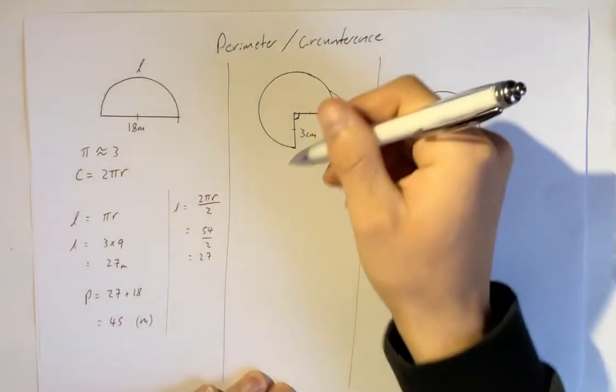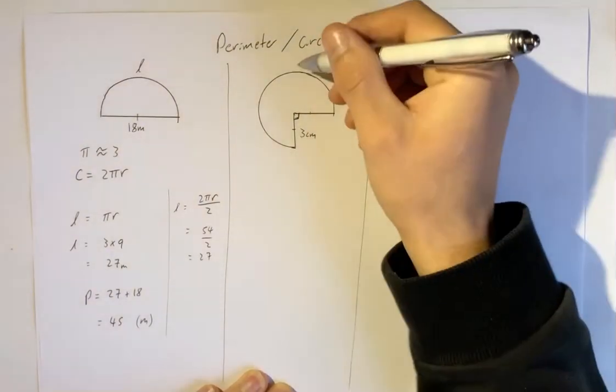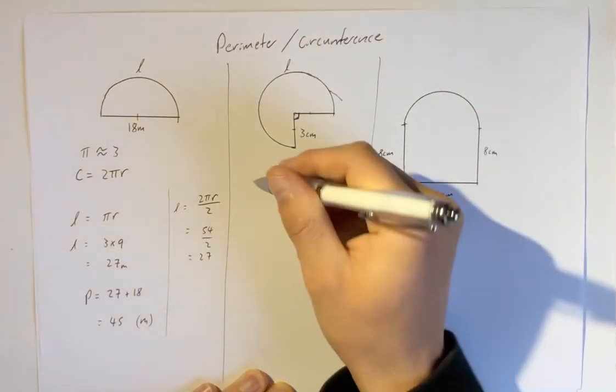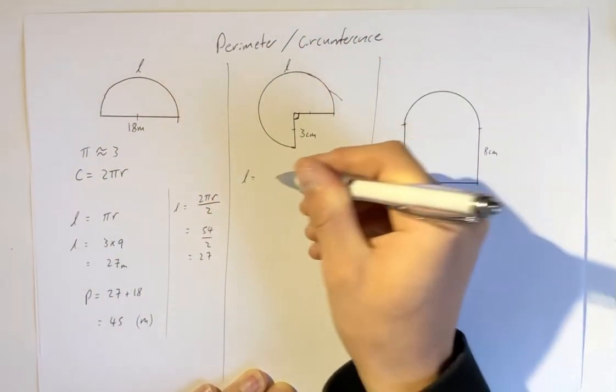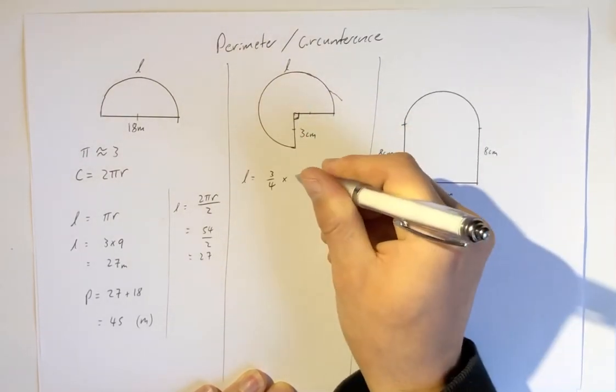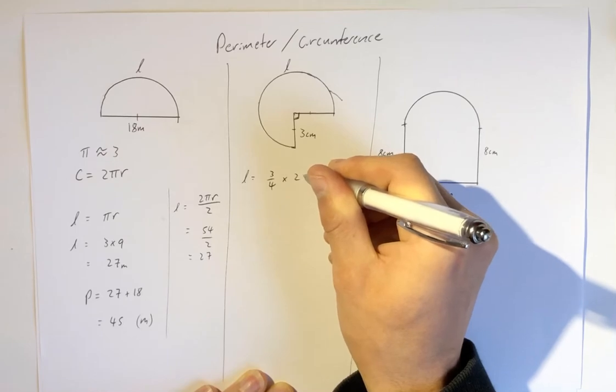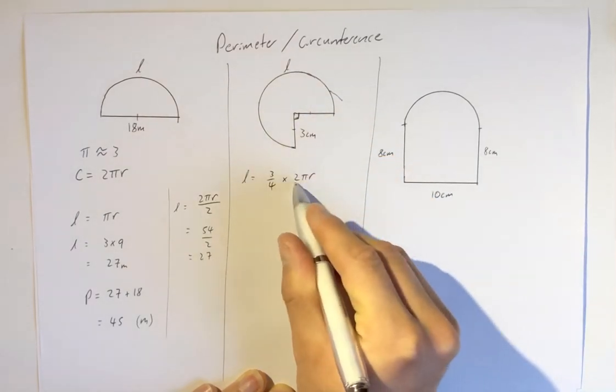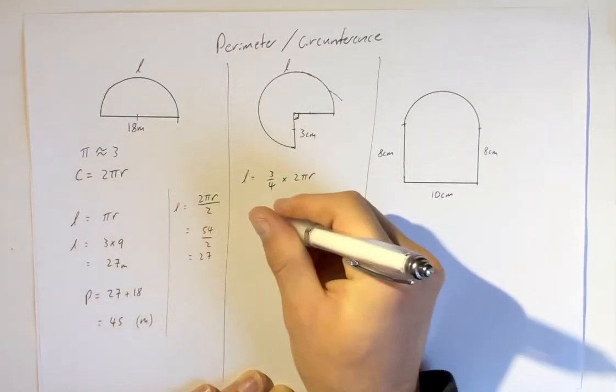So 3/4 of a circumference system. So let's calculate the length L. L is going to be 3/4 times the circumference, which is 2 pi r. There's the circumference, and we want 3/4 of that.